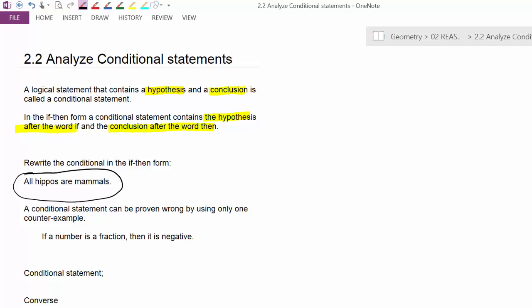So I could write this in the form, if an animal is a hippo, then it is a mammal. So this is how we write a conditional in the if-then form.